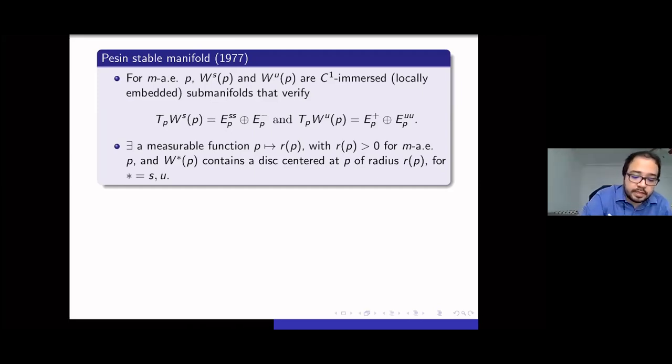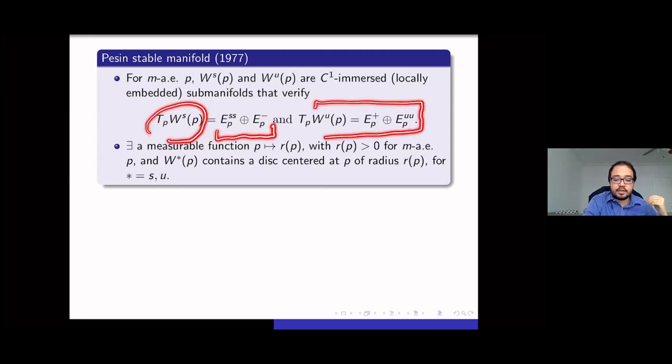And for almost every point, the set that I defined before, the Pesin stable manifold and the unstable manifold, are C1 immersed and locally embedded submanifolds. At the point P, their tangent space is tangent to the Oseledets directions of the negative part, or of the positive part, if you are looking at stable or unstable manifolds.